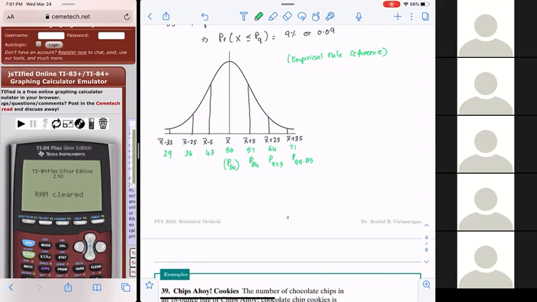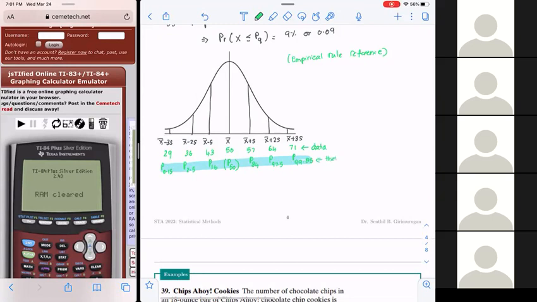On the other side, the percentiles are P0.15, P2.5, and P16. So those are simply the percentiles corresponding to the data. So data values and their percentiles.